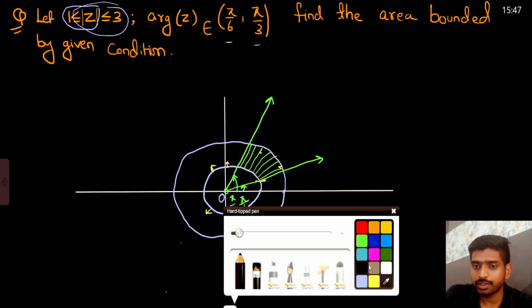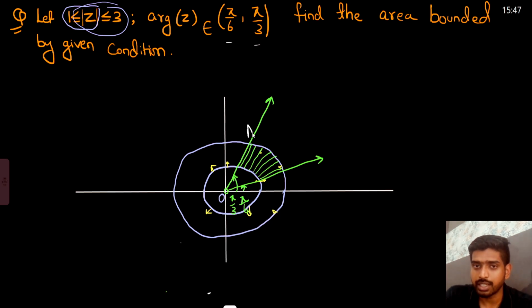How to find the area of this complete region? First, we'll find the area of the big sector. Suppose this point is A, this point is B, this point is C and D. We'll find the area of sector OAB and then we'll subtract the area of sector ODC. What is the area of sector OAB? Theta here is 30 degrees, right?